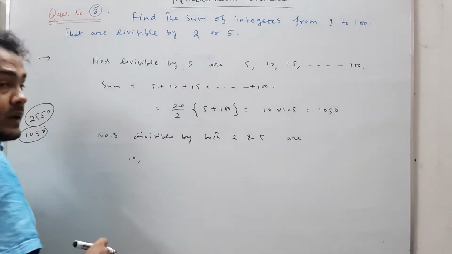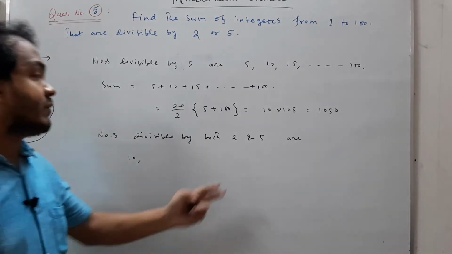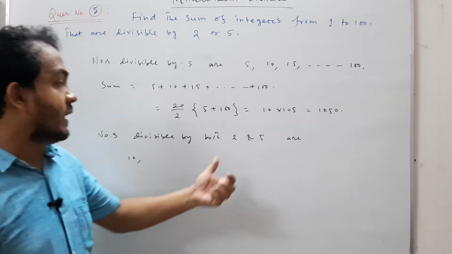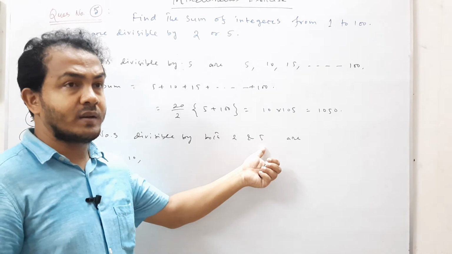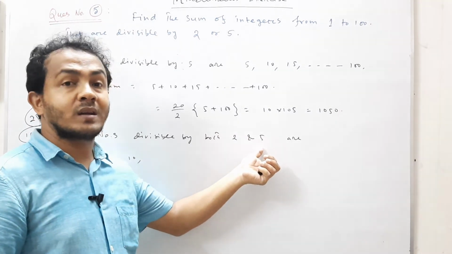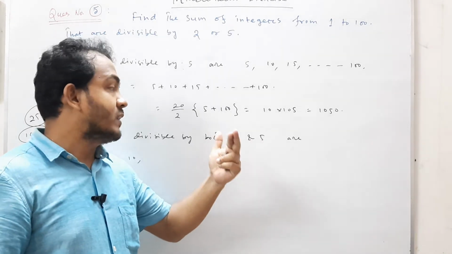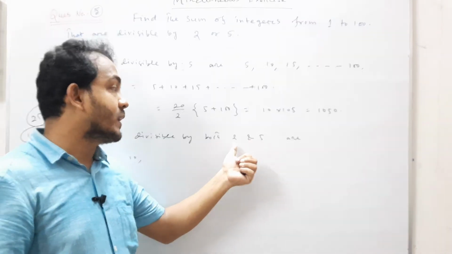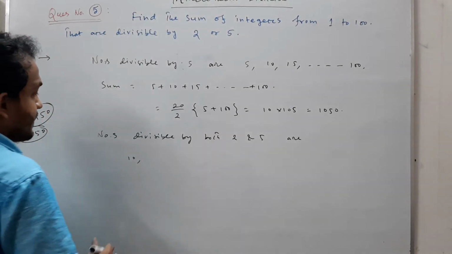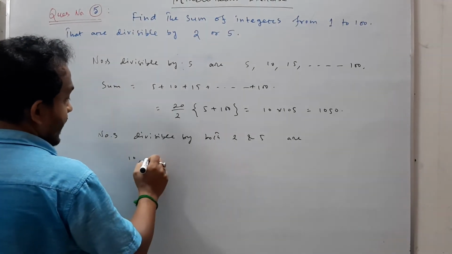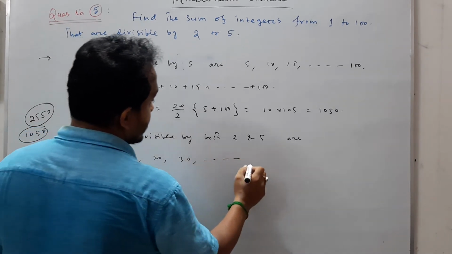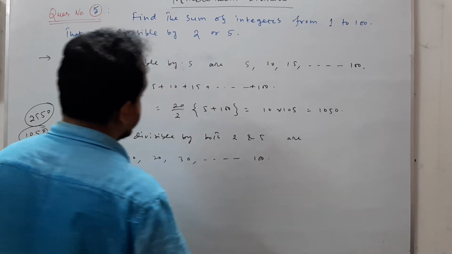A number which is divisible by both 2 and 5 means a multiple of 10, because the LCM of 2 and 5 is equal to 10. The numbers which are divisible by both 2 and 5 are those divisible by the LCM of 2 and 5. That means 10, 20, 30 and so on up to 100.